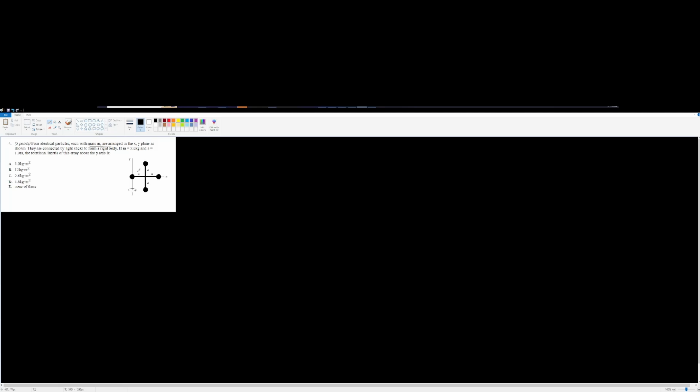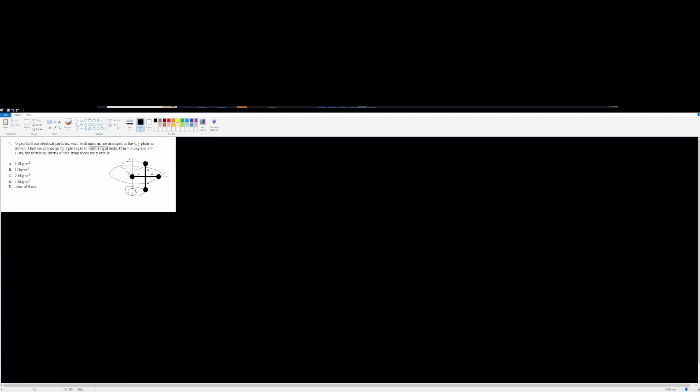A here is the distance of each of these rods to the center, and it's rotating, as notated here, around this y-axis. So obviously this one right here will just be spinning in place. This one over here will follow a large circular path around the y-axis.